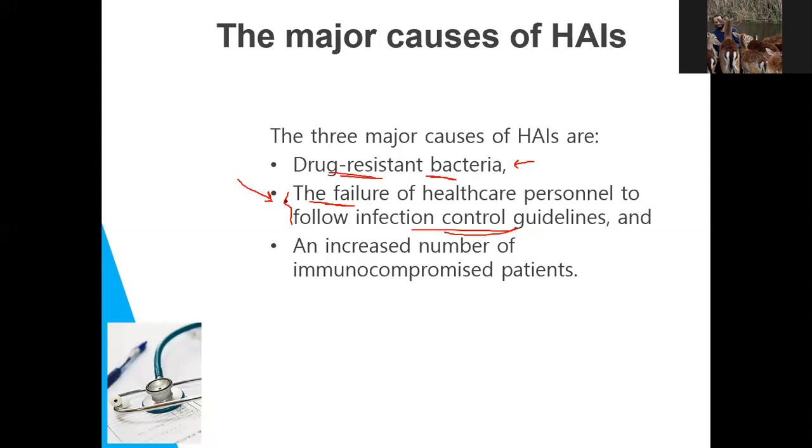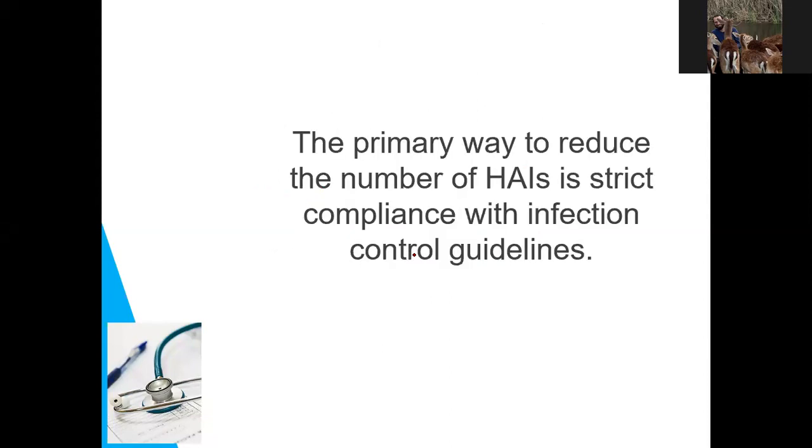We can prevent a very large number of infections, reduce expenses, and protect ourselves, our community and our families. This is one of the main factors that lead to health acquired infections. Also the increased number of immunocompromised patients, as we said, among many causes for patients inside the hospital.